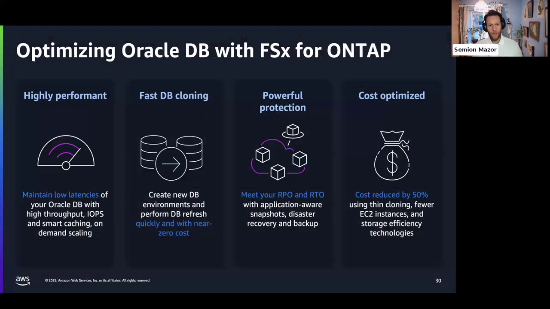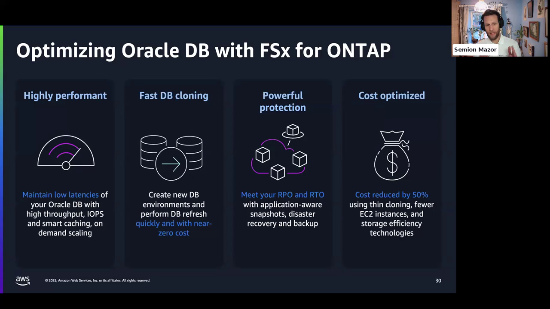So let's summarize what we discussed so far. And if there's one thing I would like you to take from this session, it would be this. You can optimize your self-managed Oracle databases on AWS by using FSx for ONTAP. It will provide high performance to maintain low latency with high throughput, high IOPS, and unique smart caching capabilities.